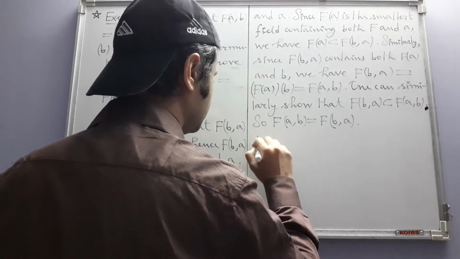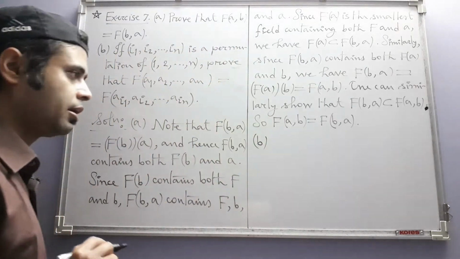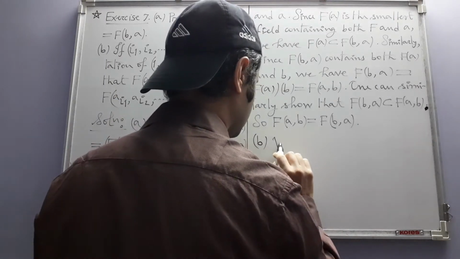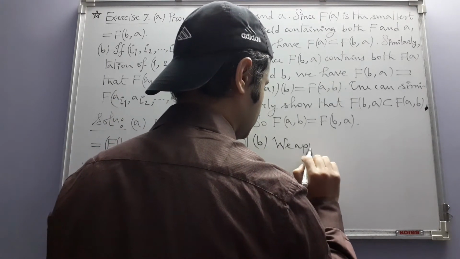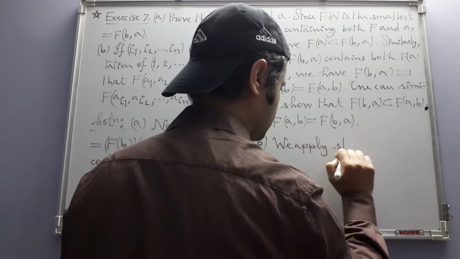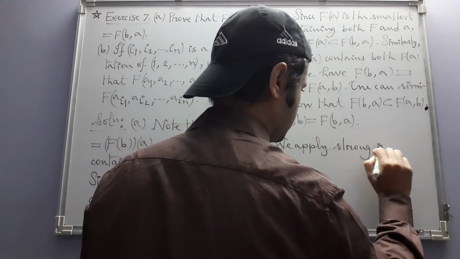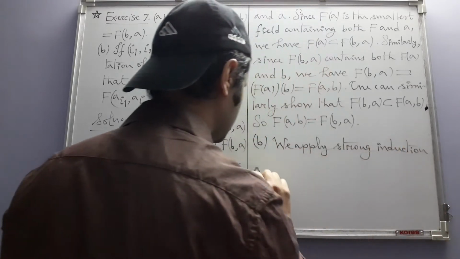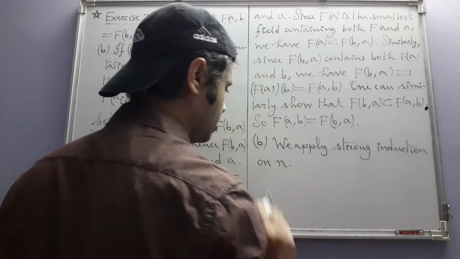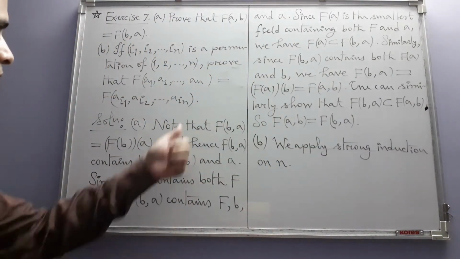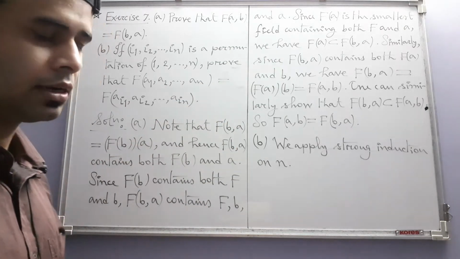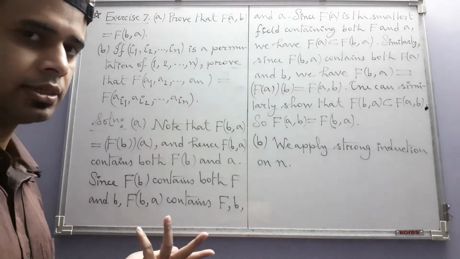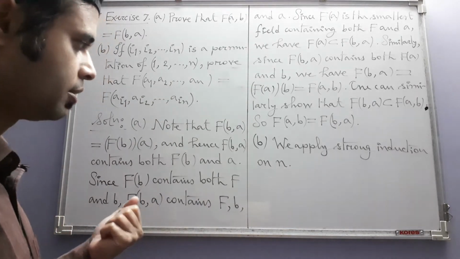Now we prove part B. For this we will apply strong induction on n. The case n equal to 1 is of course trivial. In that case you cannot change the order since there is only one element, so there is only one order.